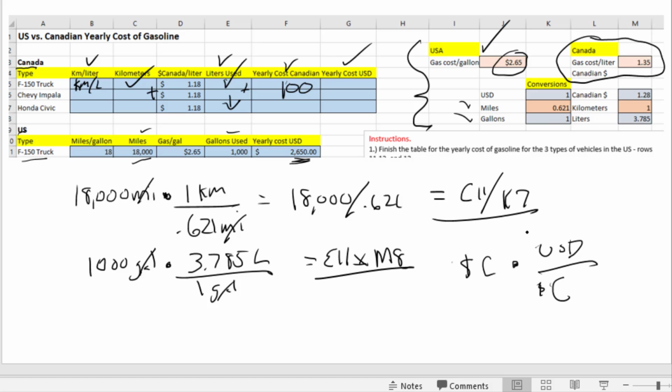And what is the conversion? 1 US dollar is 1.35 Canadian dollars. So these would cancel. Whatever amount of money I'm spending in Canadian dollars, I would divide that by 1.35 using the cells.